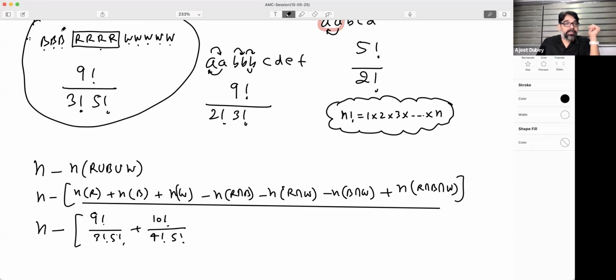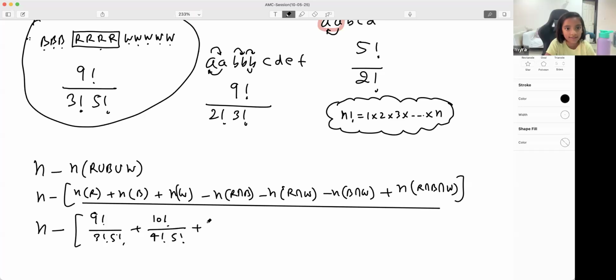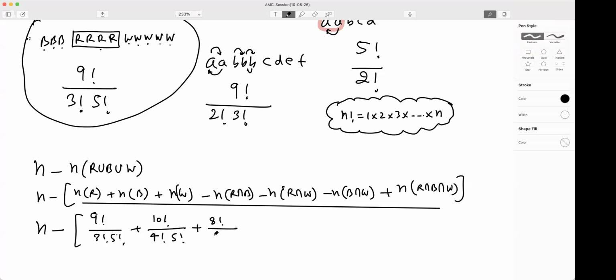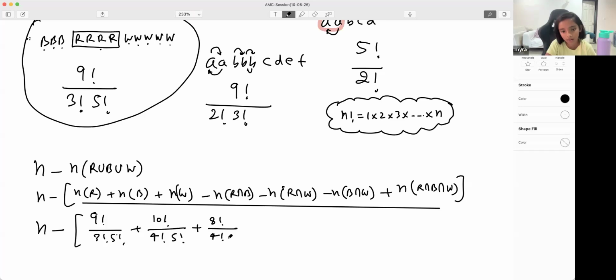Very good. This is considered as a single object, so the total is 4 plus 5, 9, and one object, this, plus NW. 8 factorial divided by 4 factorial into 3 factorial.